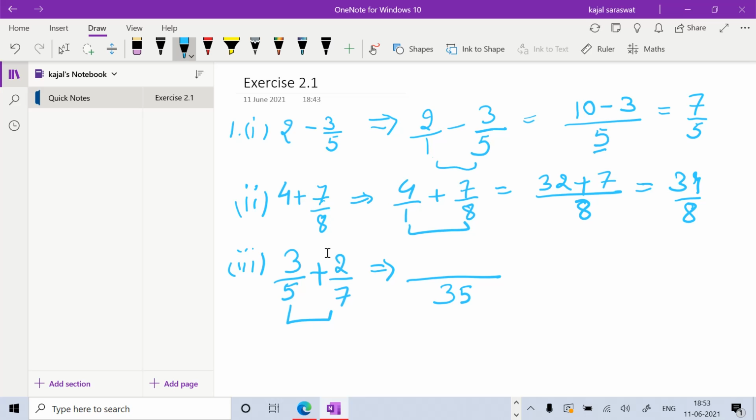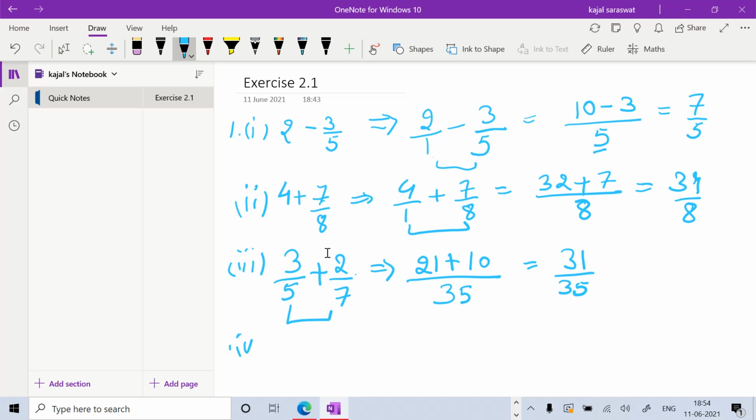Now we have to multiply 3 upon 5 into 7 by 7, because 5 into 7 is 35, so that we can get the correct thing. It is 21, and 2 by 7 we have to multiply by 5 upon 5 to get 35 in the denominator. So the answer will be 31 upon 35.